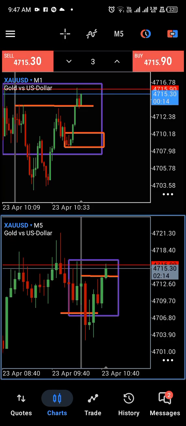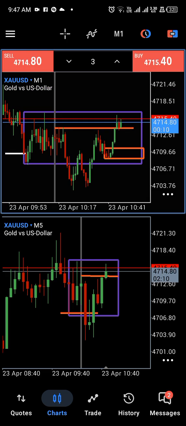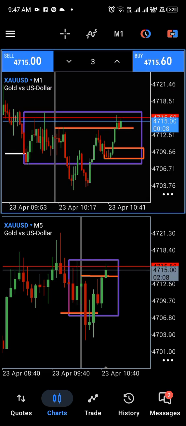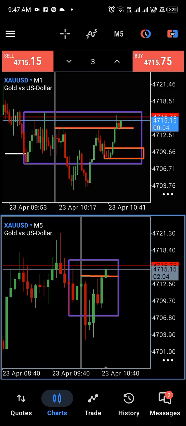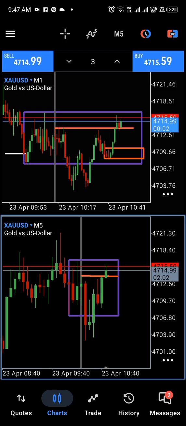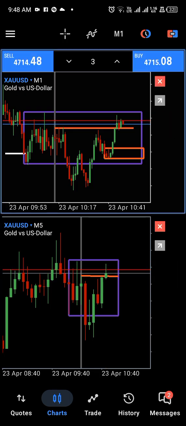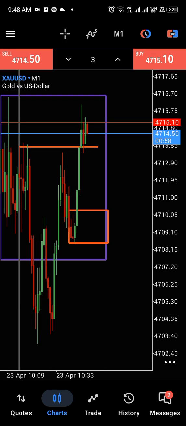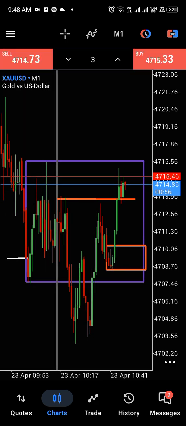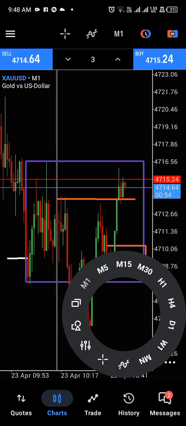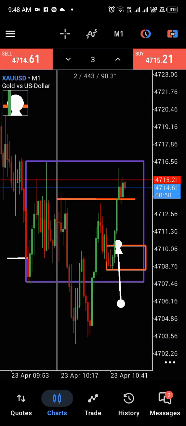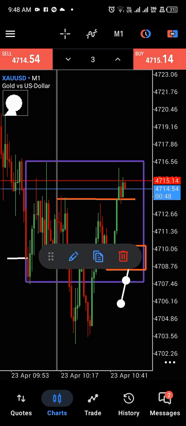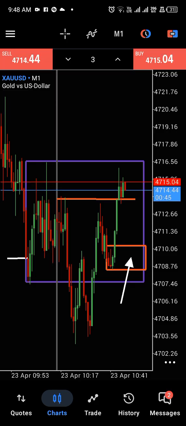Eating a loss is much easier for me than not having to take a trade. So the 5-minute time frame is bullish also. For now, I'll focus on the 1-minute time frame. If it can just pull back into this area, if it pulls back here and confirms, then this can be a buy.